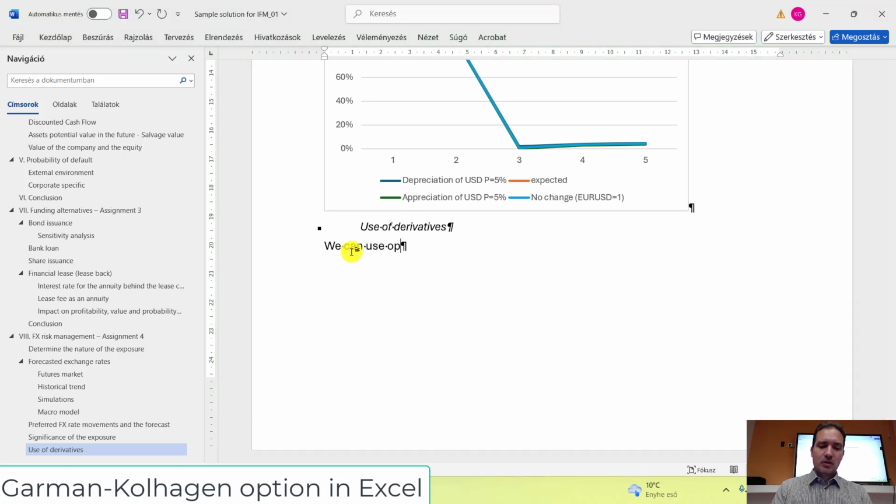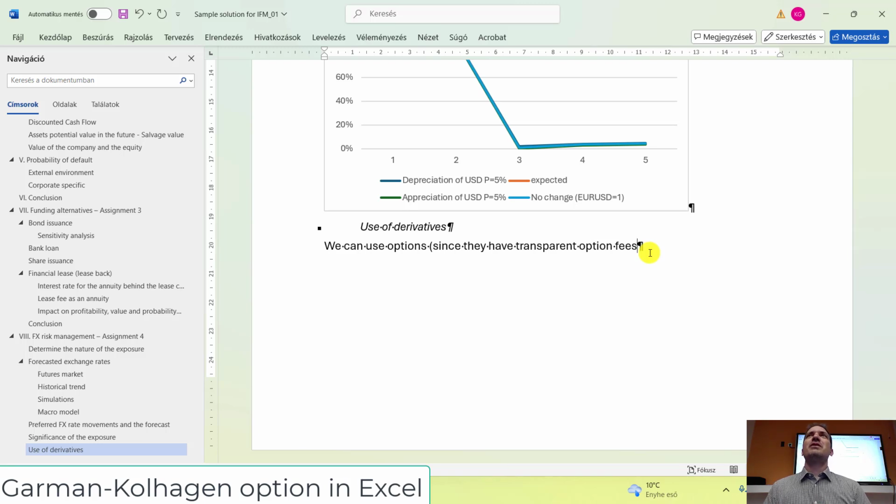These options have transparent option fees, which is really good for us because in this case we can calculate their value.